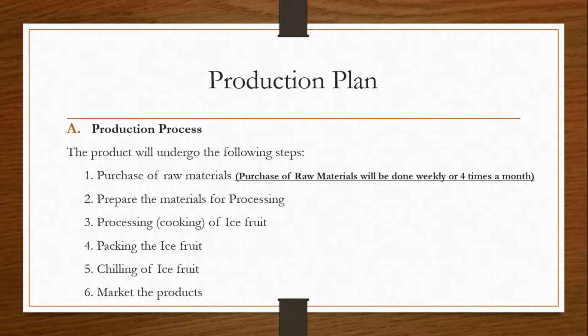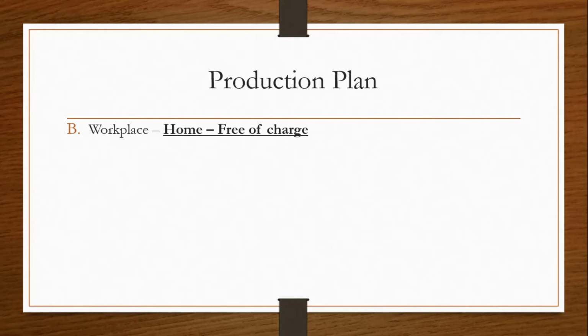If possible, please make sure that you put notes on those items which require additional spending. The second thing that we need to consider is the workplace. The third thing that we need to consider are material inputs and their cost.